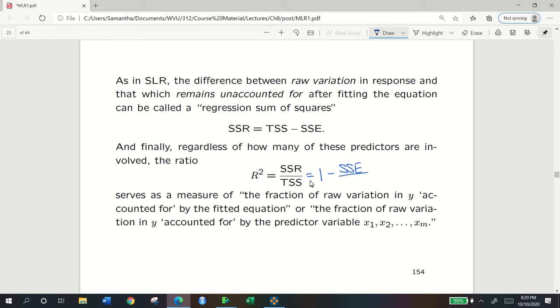And now we will notice it and define it as the fraction of raw variation in y accounted for by the fitted equation, or we can say the fraction of raw variation of y accounted for by our predictor variables x1, x2, all the way to xm.